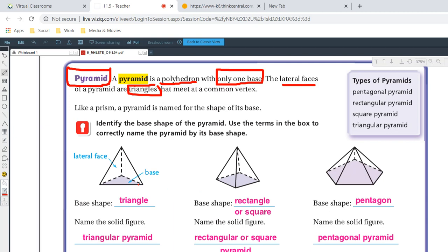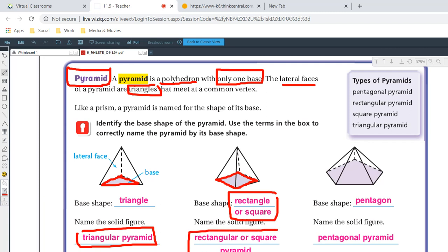The base in the shape of a triangle makes a triangular pyramid. The base in the shape of a rectangle or square makes a rectangular or square pyramid. And the last one, the base in the shape of a pentagon, makes a pentagonal pyramid.